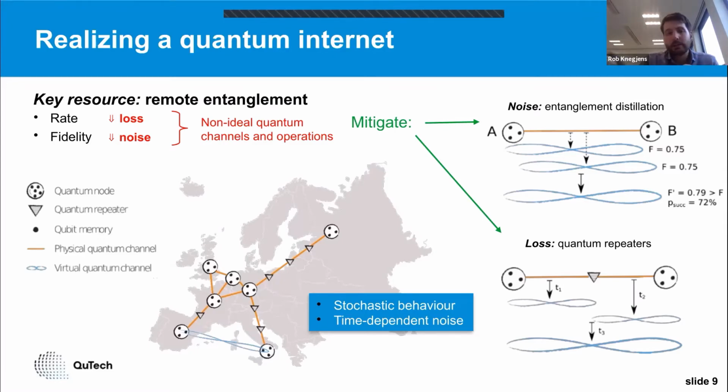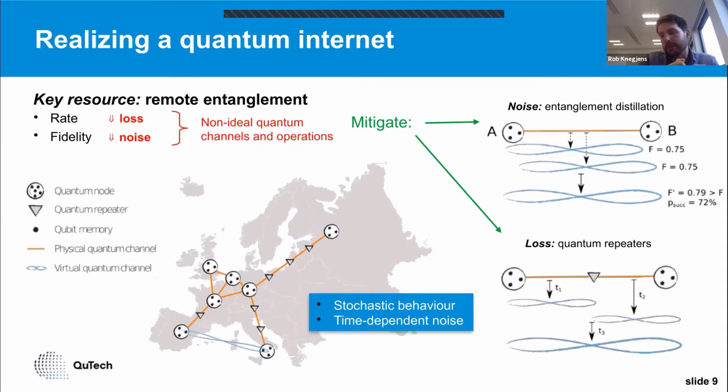On the other hand, the loss can be dealt with using what are called quantum repeaters. The loss is typically distance dependent. So in fiber, you have the attenuation scaling exponentially with distance.